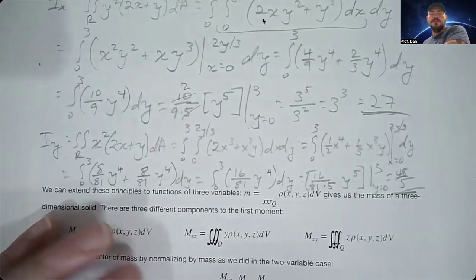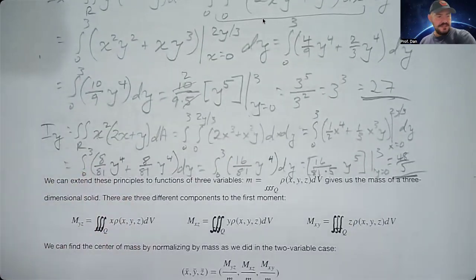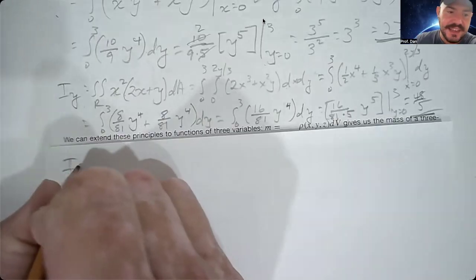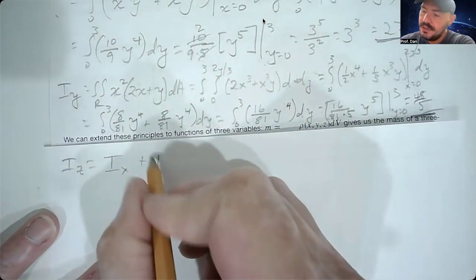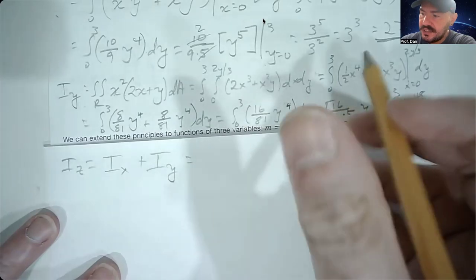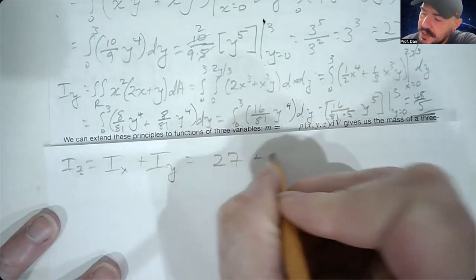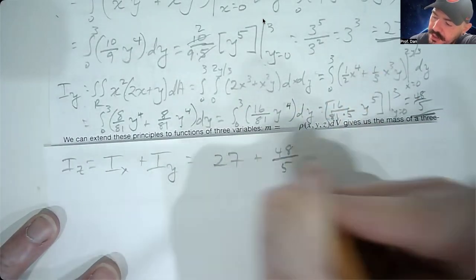Now that we have the moment of inertia along each axis, we can find the polar moment of inertia by adding the two components that we already calculated. So we have 27, add 48 fifths.